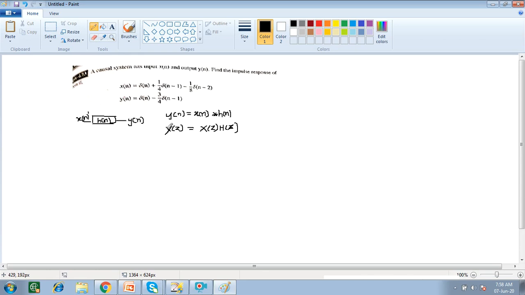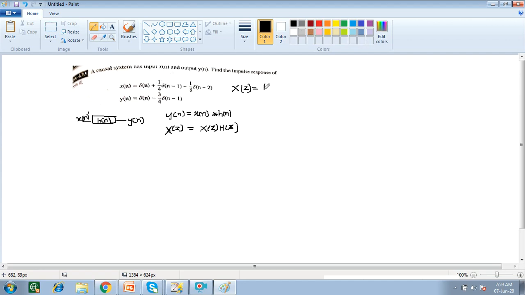x of n is given, which means we can find its x of z, and similarly we can find y of z from y of n. So let's do that. From the given x of n, we can write x of z. We know that x of n's z transform is x of z. Del of n's z transform, if one can remember, is 1.